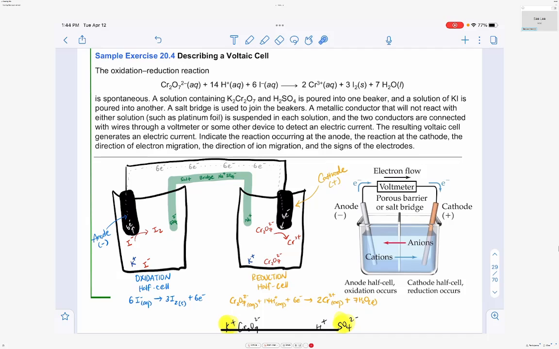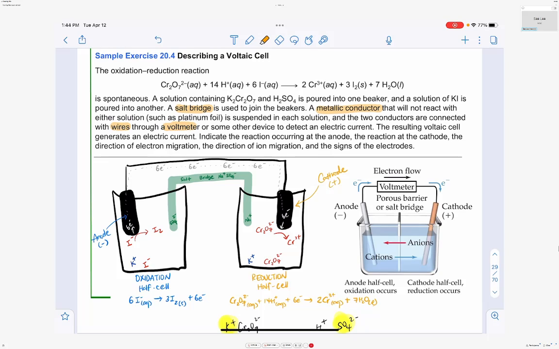A salt bridge is used to join the beakers. A metallic conductor that will not react with either solution, such as platinum foil, is suspended in each solution. The two conductors are connected with wires through a voltmeter, or some other device to detect an electric current.